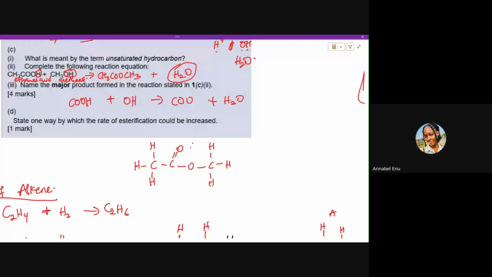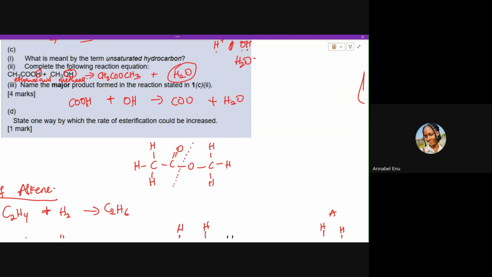Okay, now the first thing is to demarcate this into the two parts that form our ester. Remember, in this ester, the hydrogen came from the methanol and the OH came actually from the acid.